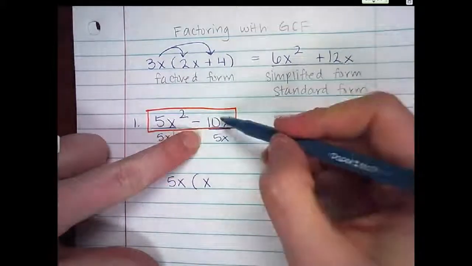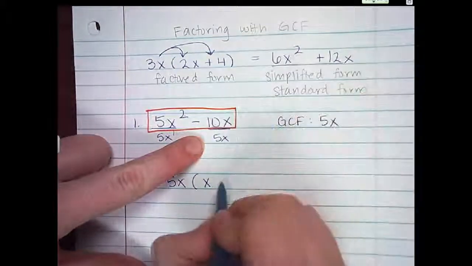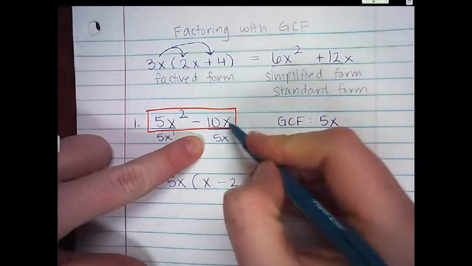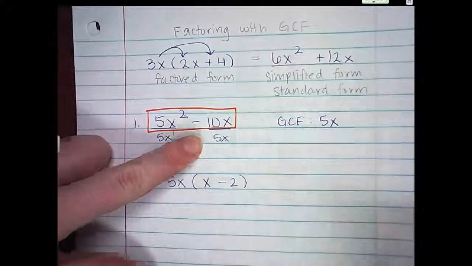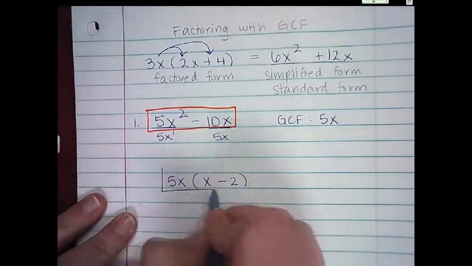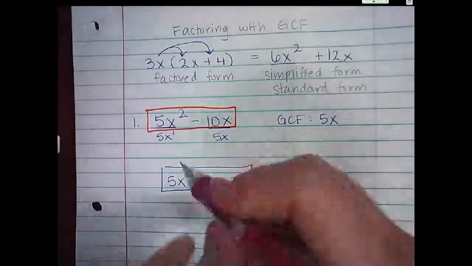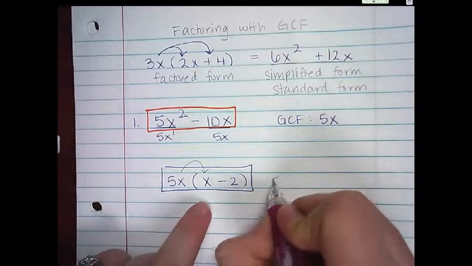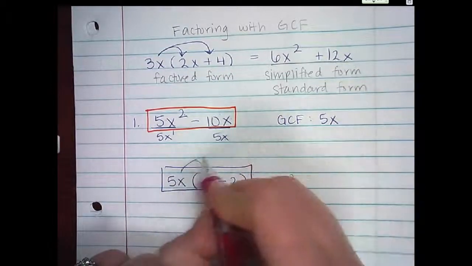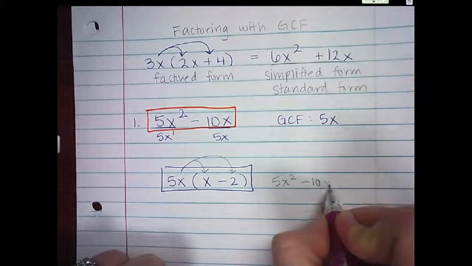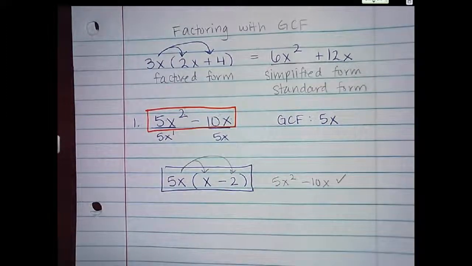Over here, I have negative 10 divided by 5 is negative 2, and my x's cancel. So this is my answer. Now, double check yourself. Let's distribute this. 5x squared minus 10x. Perfect.